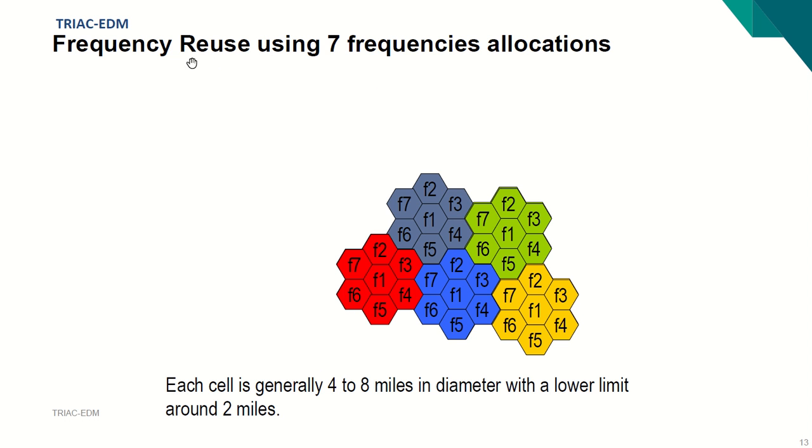So here is an example of frequency reuse using 7 frequencies. We have F1, F2, all the way up to F7. As you see here, F7 is reused here, and then remotely with a certain structure, and F1 is reused with a certain structure.